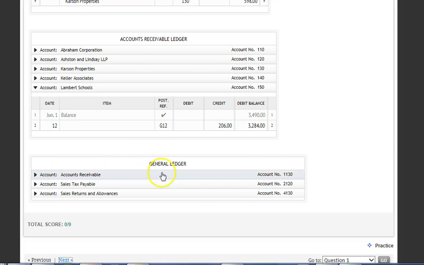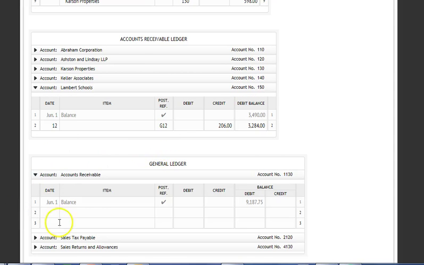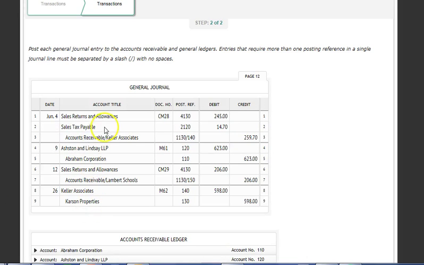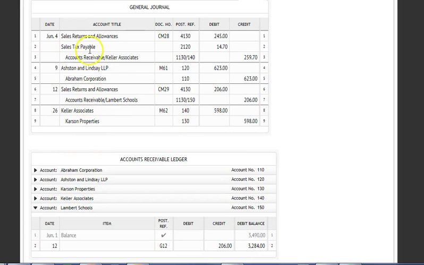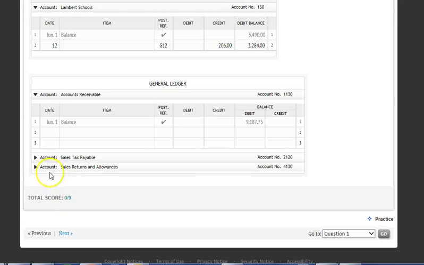Cool. Okay, let's post these. Accounts receivable, there's 2 of them. Accounts receivable is here, the $259 on the 4th and the 12th. So we have the 4th and the 12th. Our post-ref is going to be G8, or sorry, G12. I don't know why I said 8.